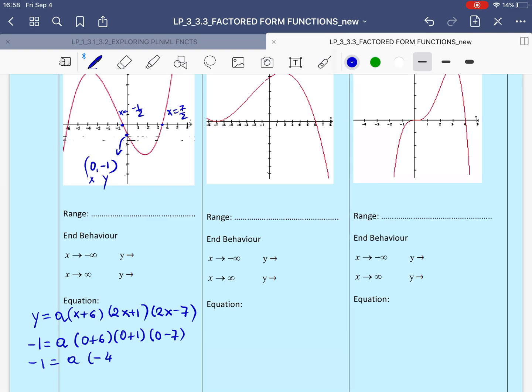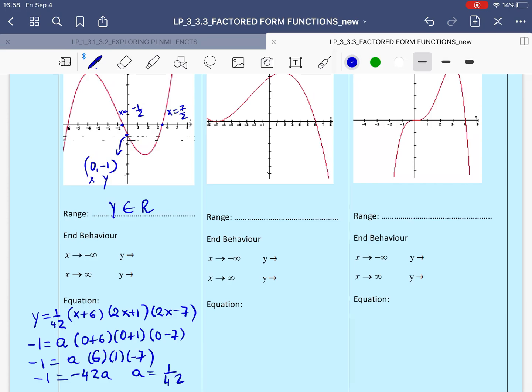So a times -42. Let me just show the work just in case. So -42a, that will give a equal to 1 over 42. So to make the equation complete, then we'll write in here 1 over 42.